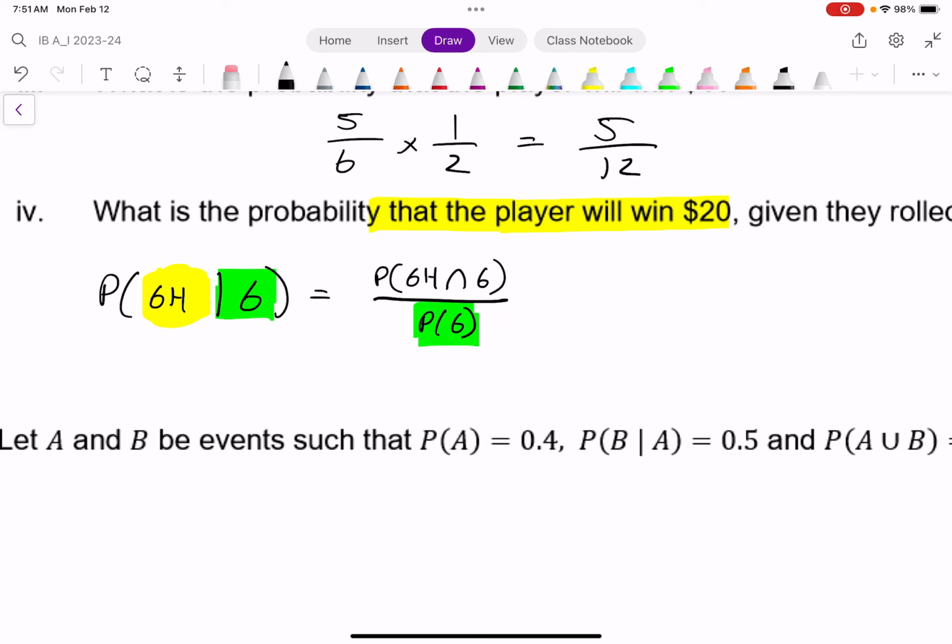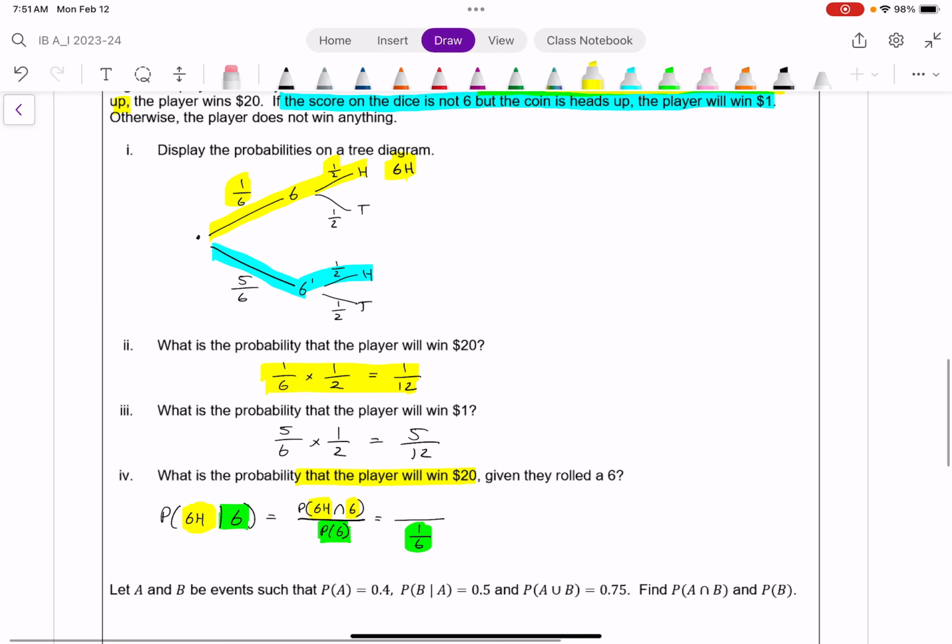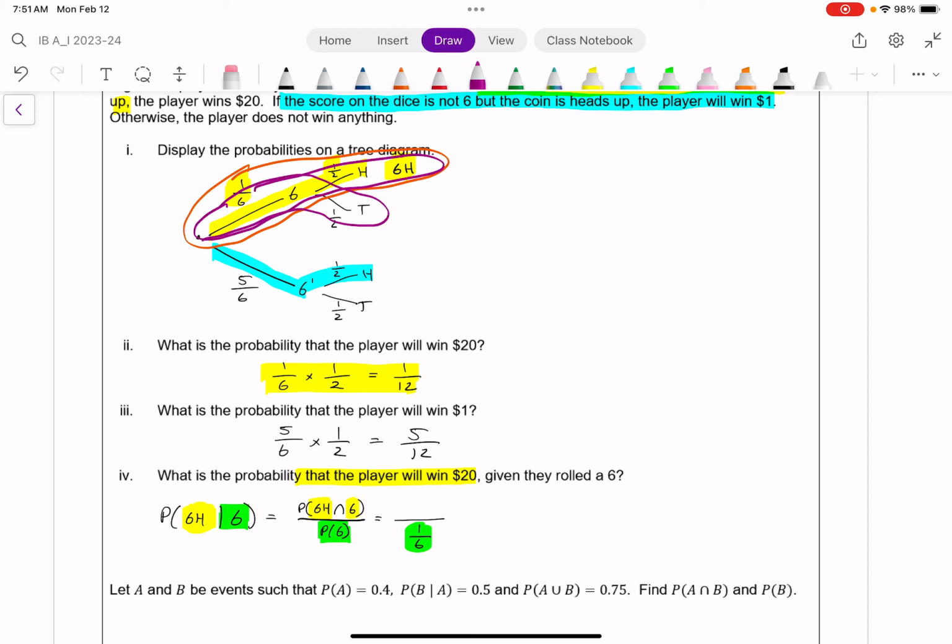Well, the probability of just rolling a 6, the denominator, is the easiest part, I think: just 1/6, a 1 in 6 chance. The probability of rolling a 6 and a heads intersecting with just rolling a 6. Well, if I look here, this is the probability of 6 and heads. I'll show in purple, this is the probability of just rolling a 6. So this pathway and this pathway here. That's it. I want to find the intersection of these, where these overlap. It's the first thing I drew.